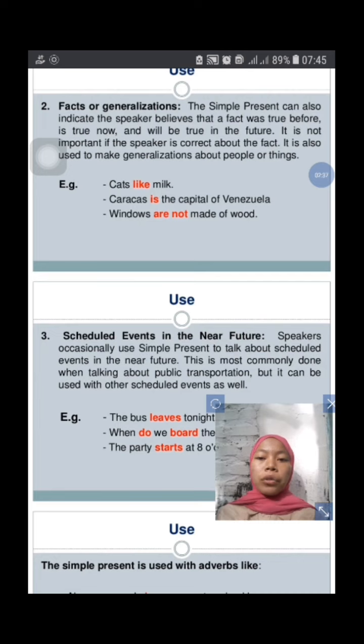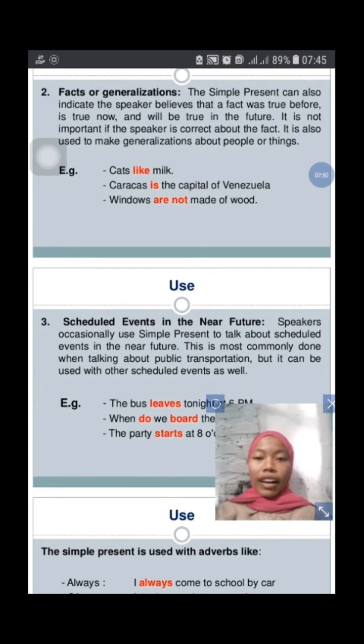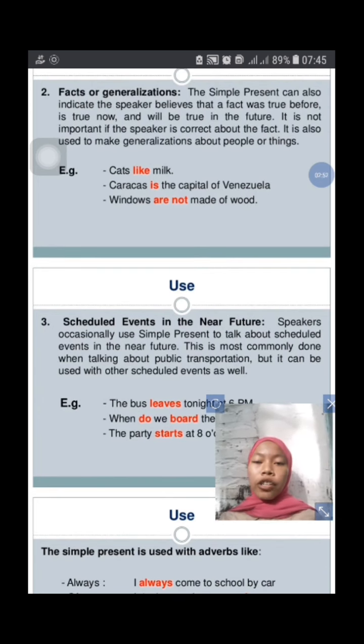We all know that cats like milk. Does your cat like milk? Do you know that is a fact? So we must use simple present tense to express a fact or generalization.